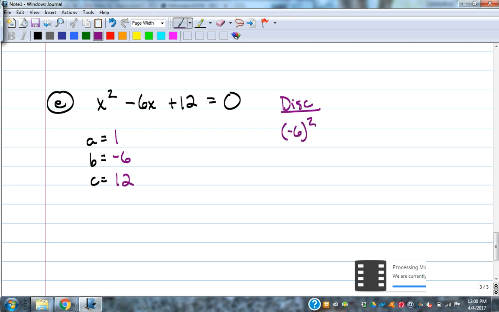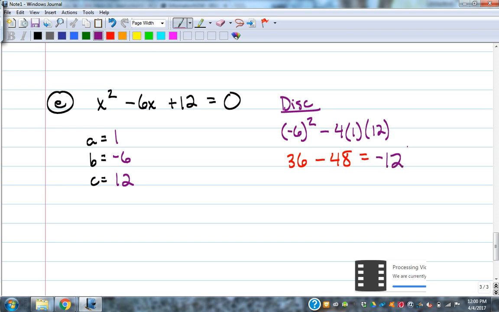Negative 6 squared, minus 4 times A times C. Negative 6 squared is 36, and then it's 4 times 1 is 4 times 12 would be 48, but it's a minus 48. What's 36 minus 48?